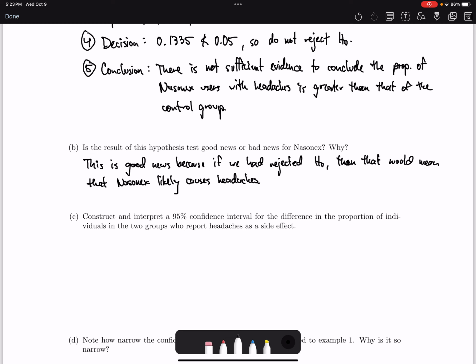But we didn't reject the null. So that's good news for them.